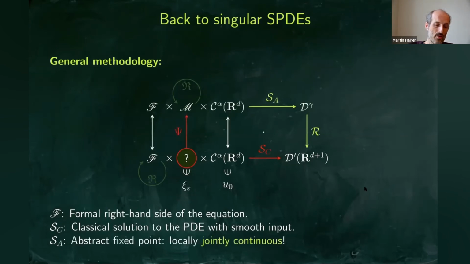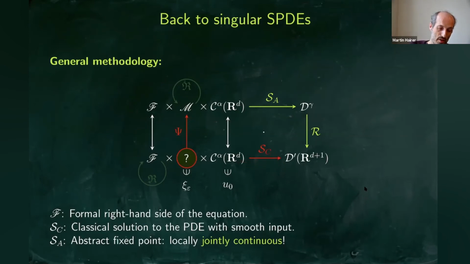Now, what we do now is we reformulate the whole equation in one of these regularity structures, right? So we want to actually describe the solution as one of these D^γ kind of functions. And for this, of course, we need to find the correct regularity structure, which is sort of large enough to support the operations we need to do that. And what you do is you do this in such a way that the classical solution map factorizes in this way.